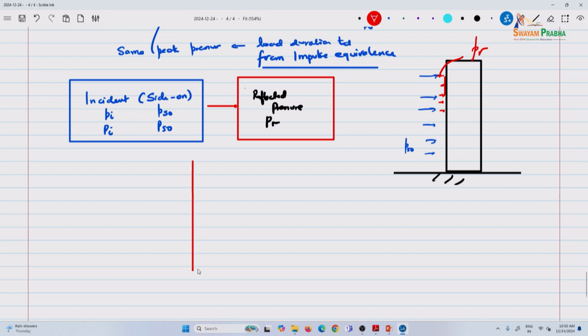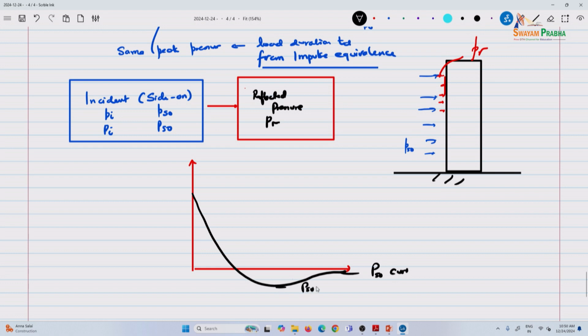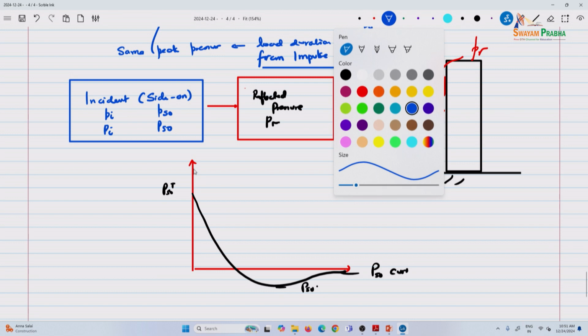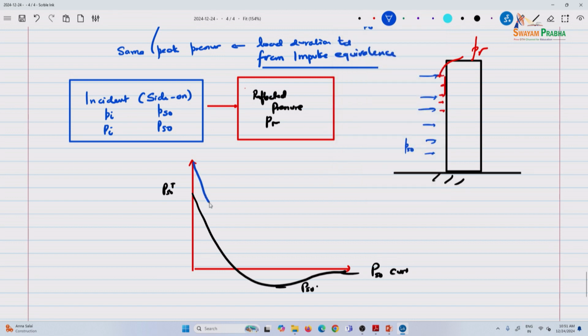So the same thing, if you see, let's say this is your PSO curve. The reflected pressure also tends to follow, so your reflected pressure is going to be much higher.